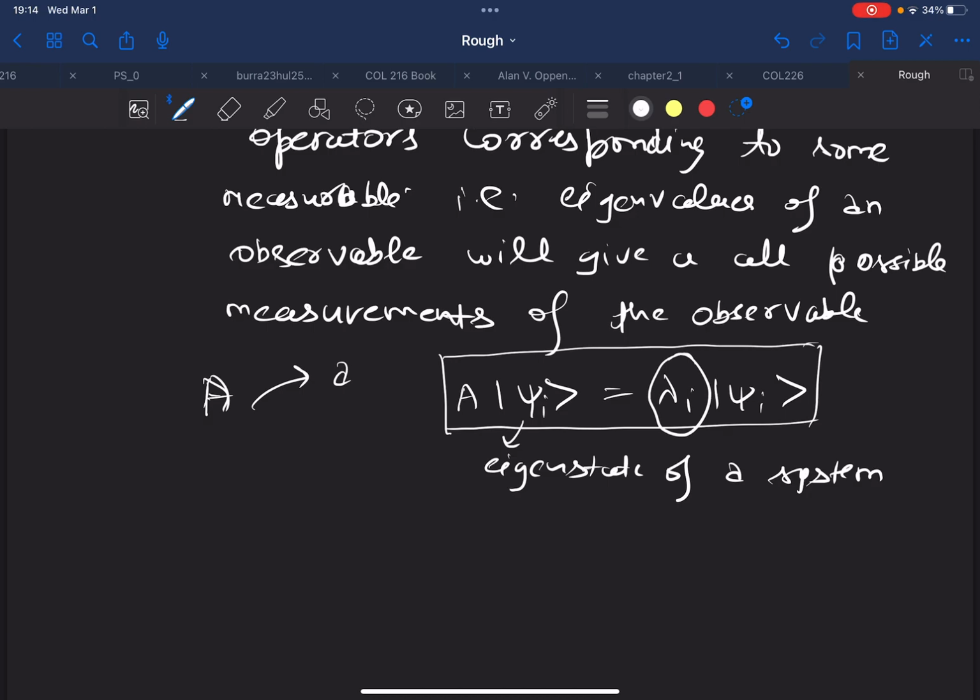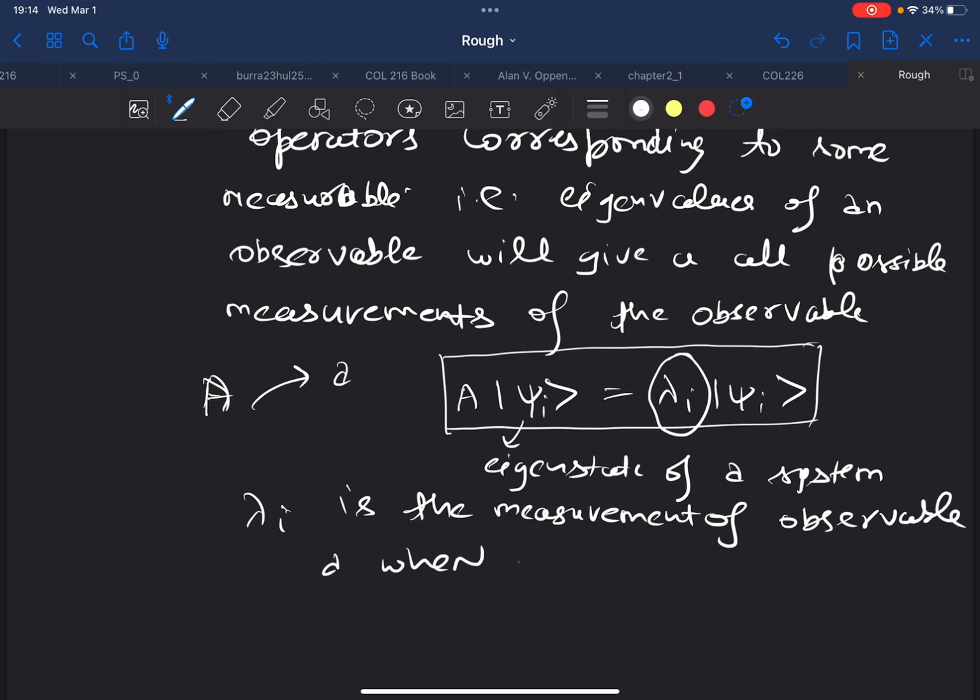The postulate tells us that this lambda I is the measurement of observable A when measured in state psi I. So this is our second postulate.